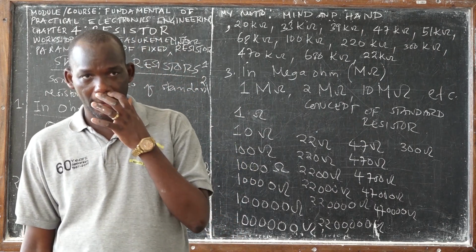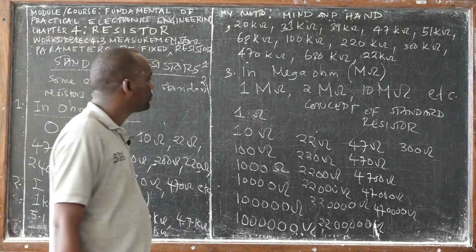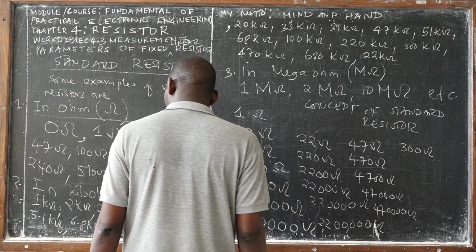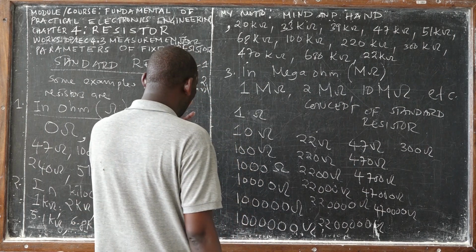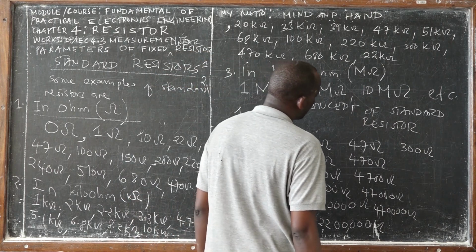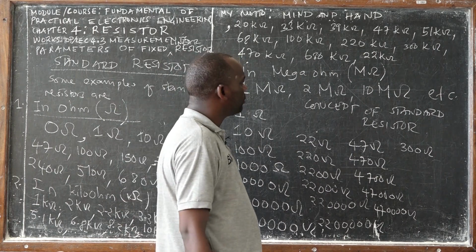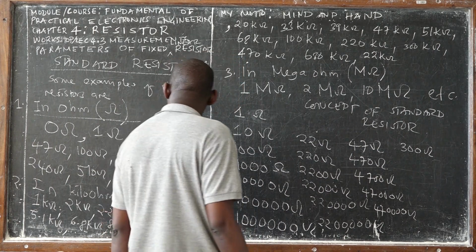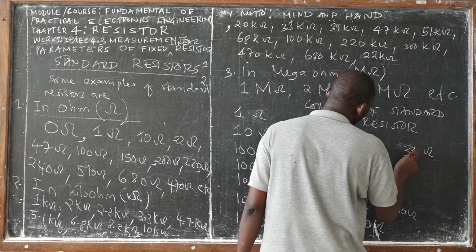I'm not sure. But 300 ohm, I'm sure. Do we have 3 kilo ohm? I'm not sure. 30 kilo ohm, I'm not sure. Let me just write what I'm sure. We have 33 ohm.